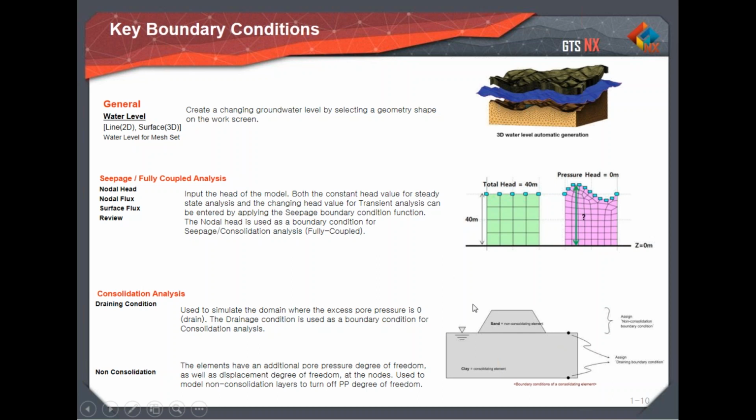So all the elements have your normal displacement degrees of freedom and your rotational degrees of freedom, but there's an additional 7th degree of freedom that's related to the pore pressure. So if you activate this boundary condition on the elements, that is basically turned off, and so it would be reflected as only 0 for pore pressure for those layers, or not even considered at all. So these are specific boundary conditions that can be used as well.